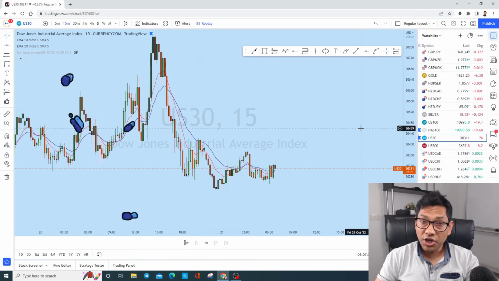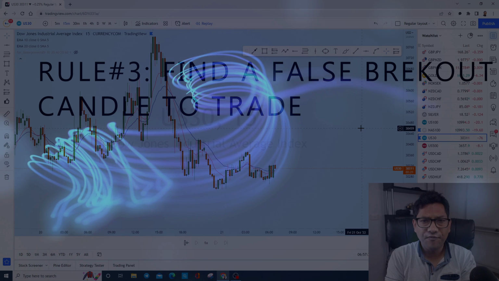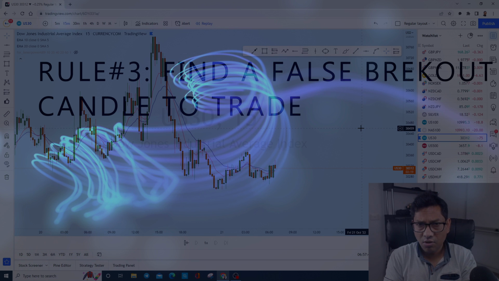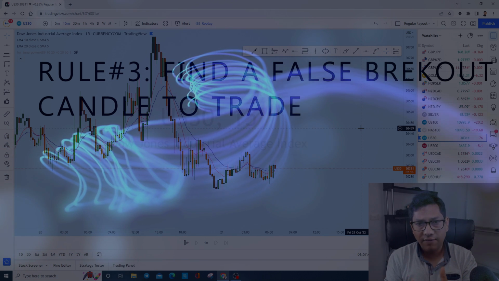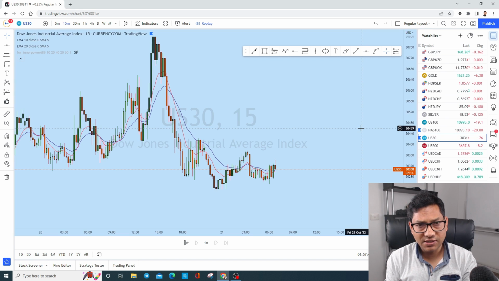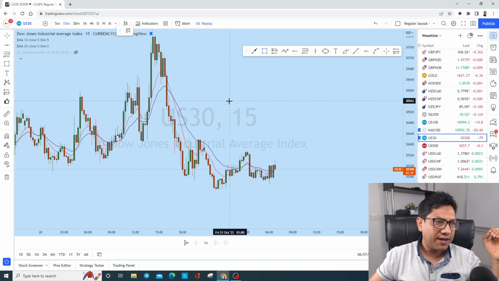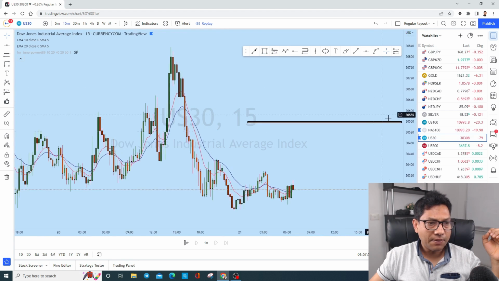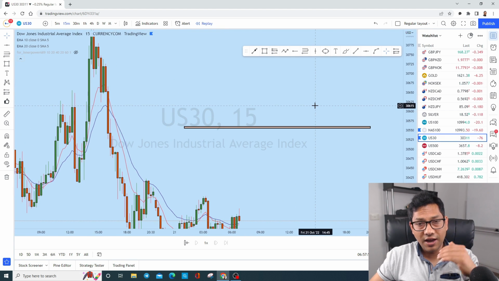Scalping rule number 3: always find a false breakout candle on a major level of support or resistance. So what do I mean by this? Let's say you found a market that has a support or resistance on the higher time frame, let's say on the 4-hour time frame.